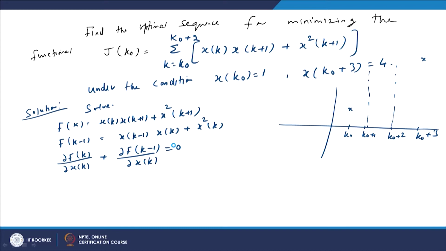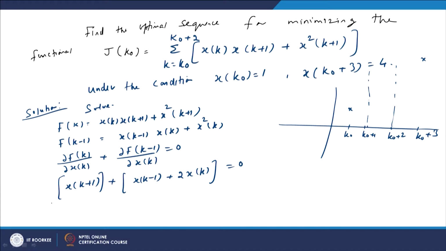So we simply differentiate with respect to x of k. The first term gives x of k plus 1, and differentiating the second one with respect to x k, we get x of k minus 1 plus 2 times x of k. So this is equal to 0.